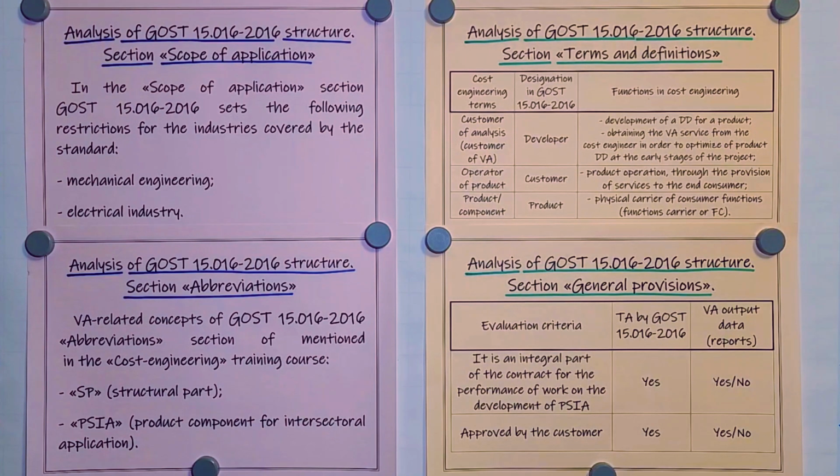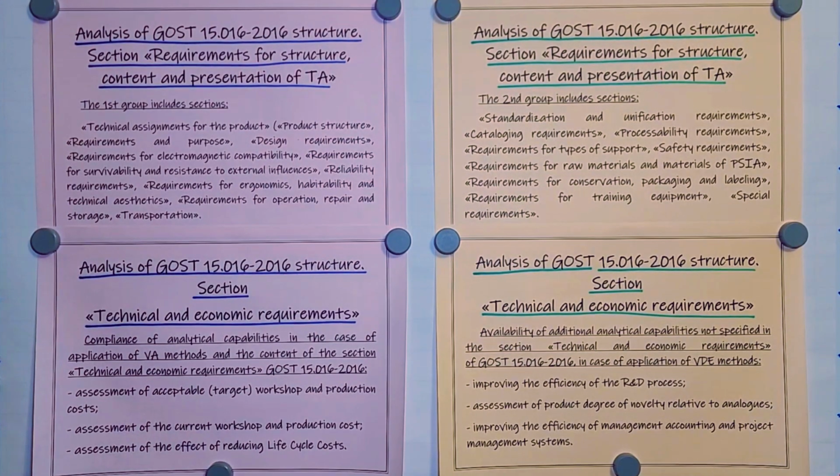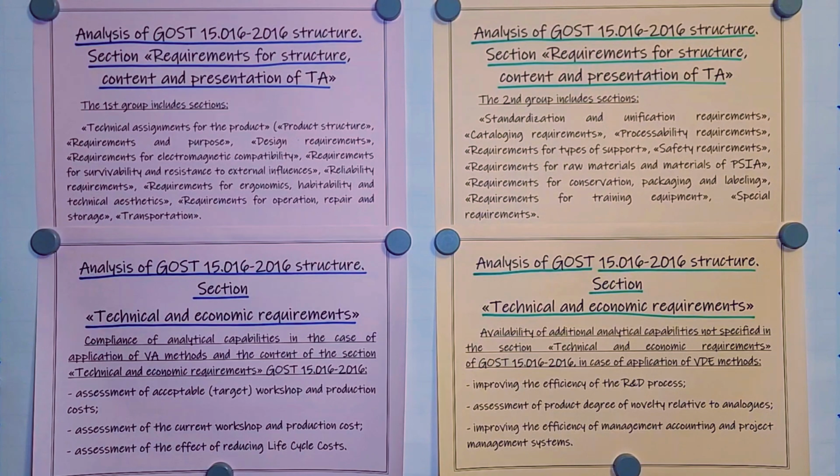In addition, the list of consumer functions included in the functional model must be agreed by the customer and fully comply with the section additional options of the terms of reference and the option list formed by the customer's marketing department. Consider the section requirements for the construction, content and presentation of technical assignments according to GOST 15016.